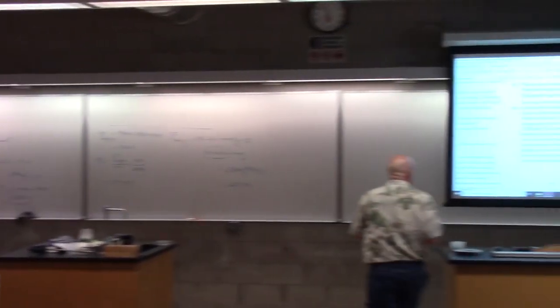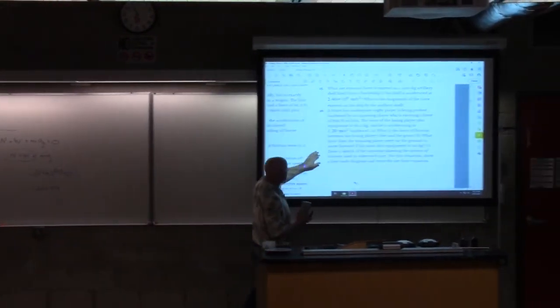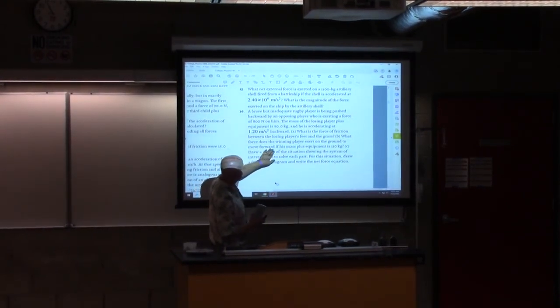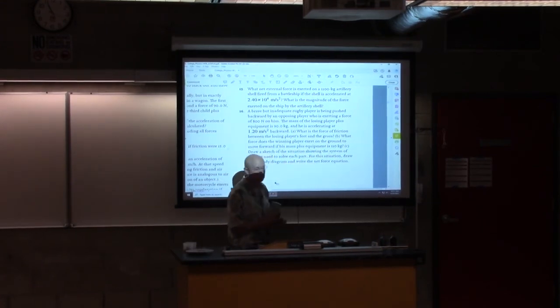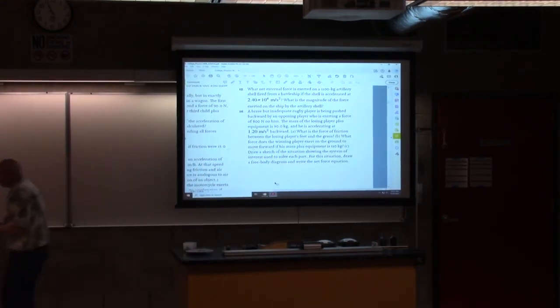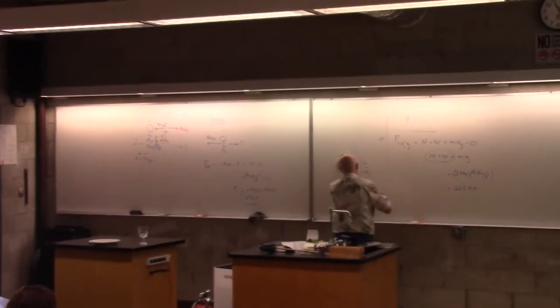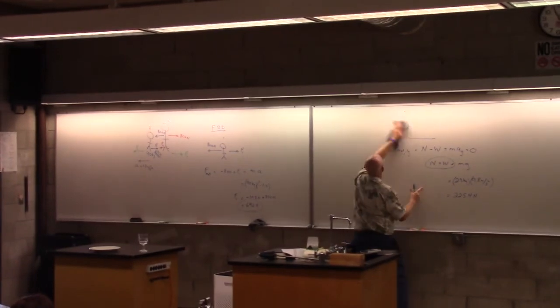All right, well, we better wrap this up here so the other class can come in here. But B, what force does the winning player exert on the ground to move forward if his mass and his equipment is 110? So this is kind of the same problem, except now my free body diagram is going to be player number 2.